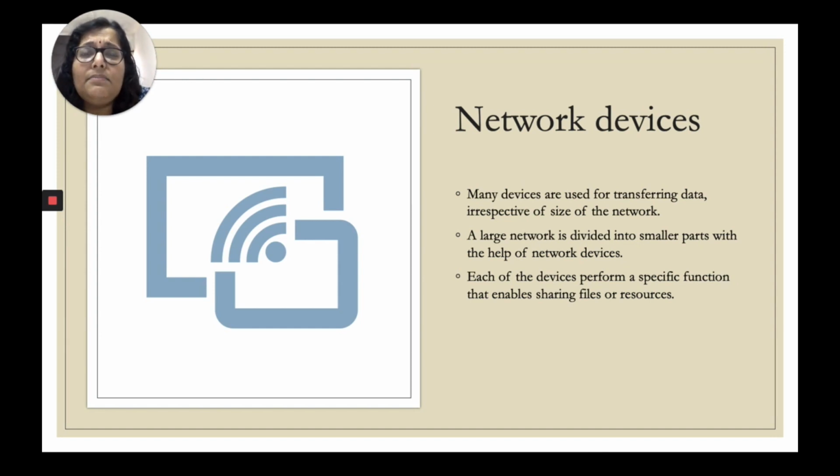In order to simplify the larger network, you have a lot of network devices attached to it to make the work easier. Each of the devices performs a specific function that enables sharing files or resources. And the different network devices used have different uses for transferring of files and resources.